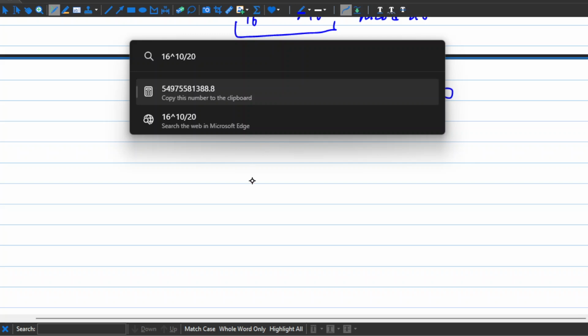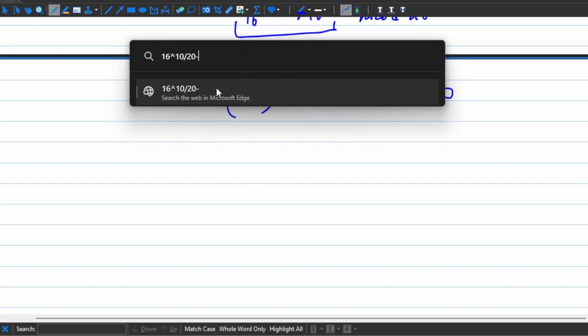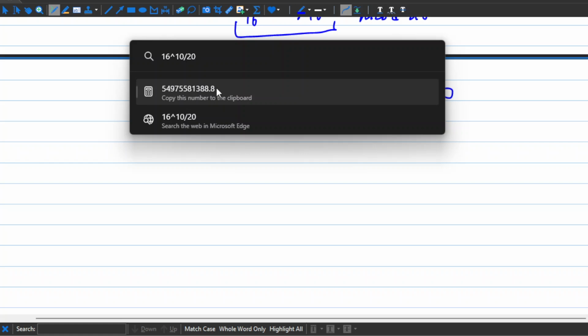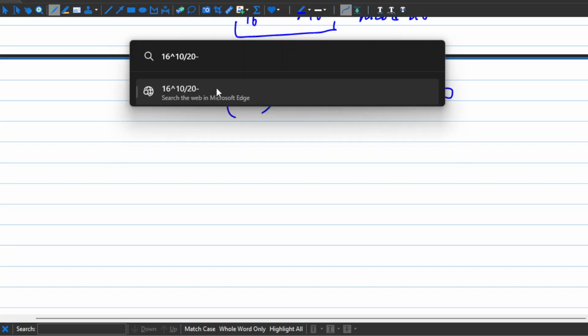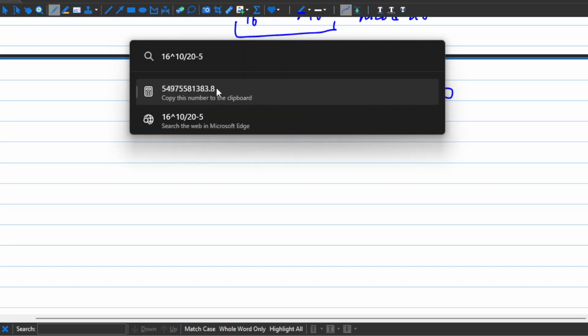So I need to take note of that. Well, I don't have to write it. I can just say minus... Oh, sorry. That is 5. Yeah, I have to take note of it. So I'll just write 5, 4, 9, 7, 5, 5, 3.